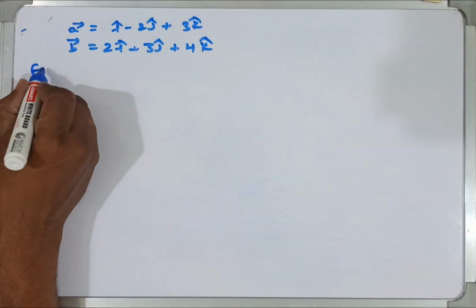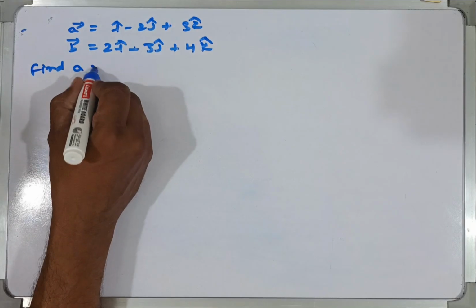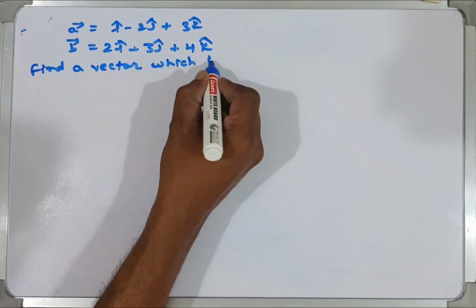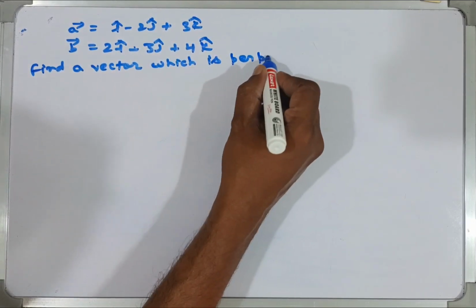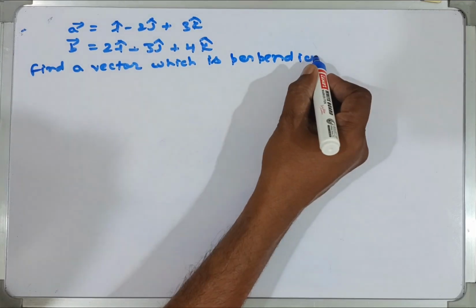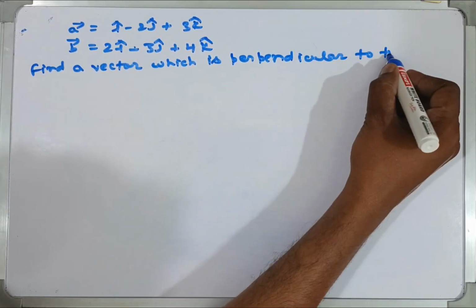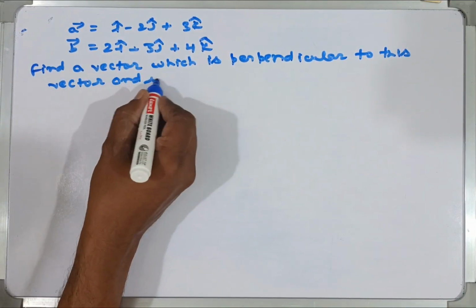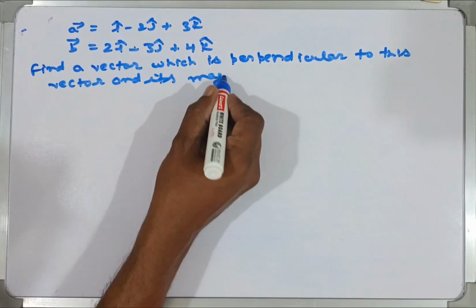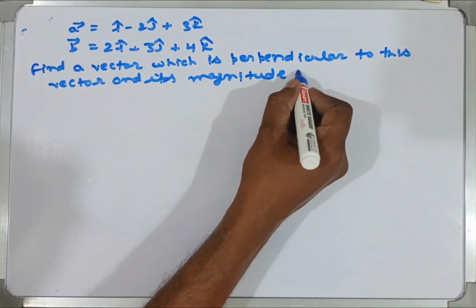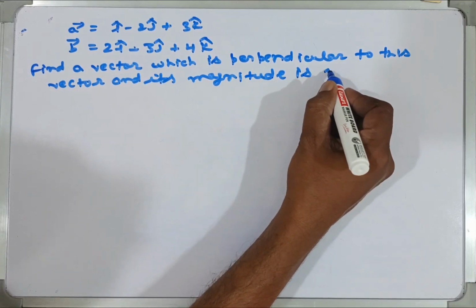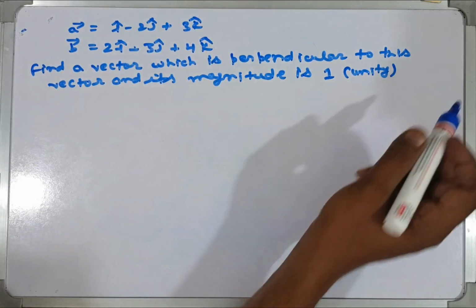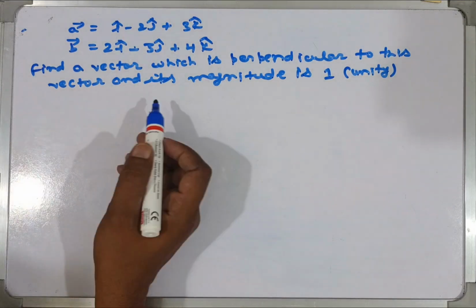So find a vector which is perpendicular to these vectors and its magnitude is 1, or unity.